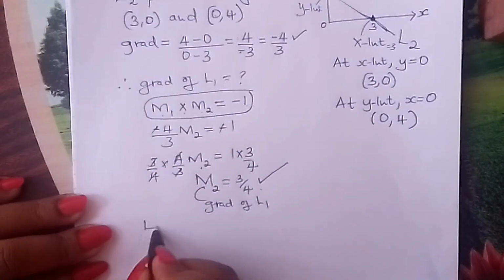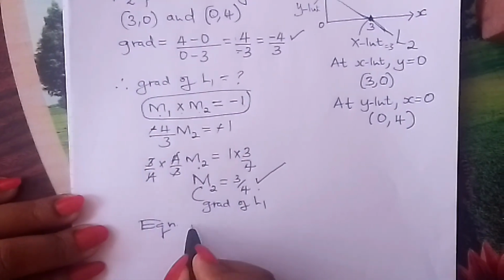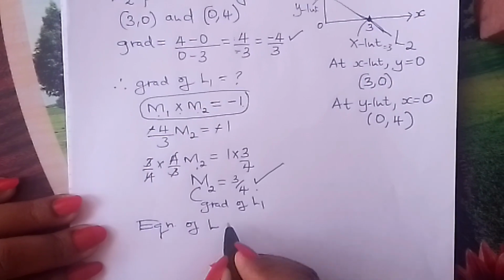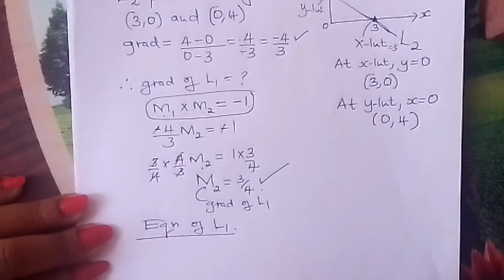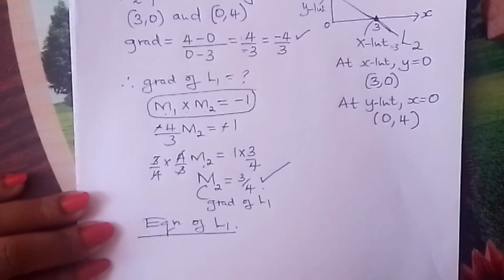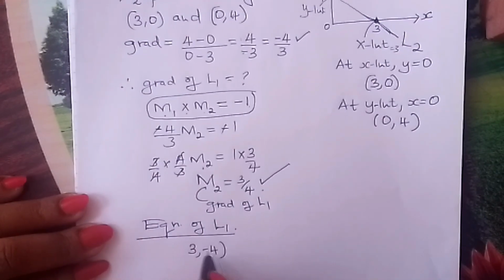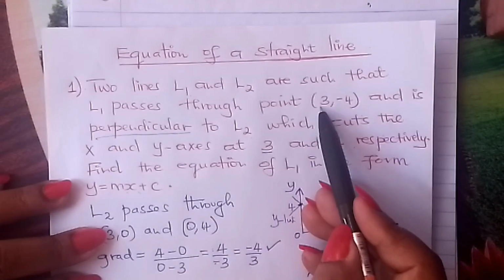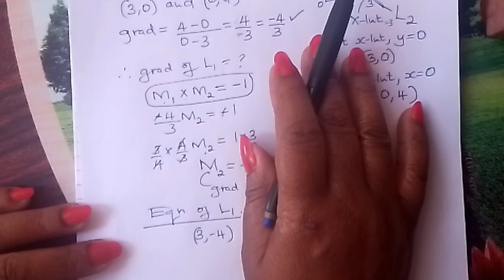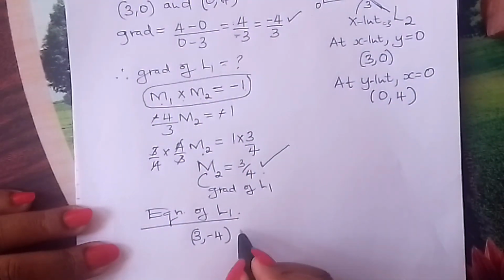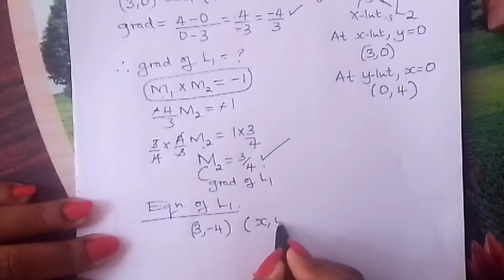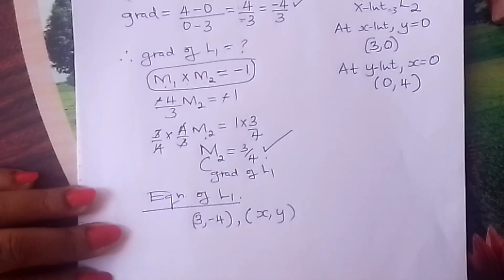From there, learner, you now find the equation of L1. That is what the question is asking us. We are told that L1 passes through the point (3, -4). Then, we normally introduce a point (x, y). Remember?